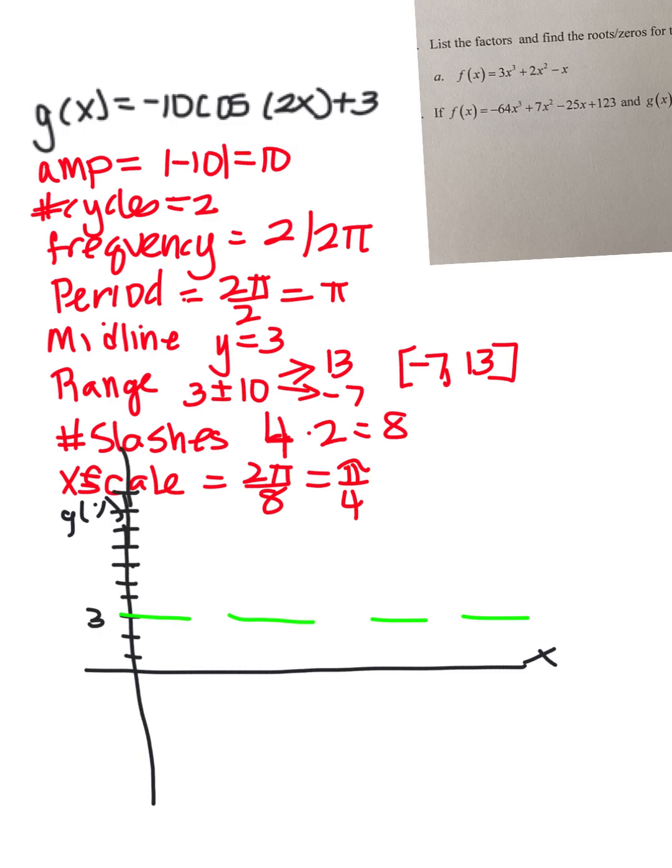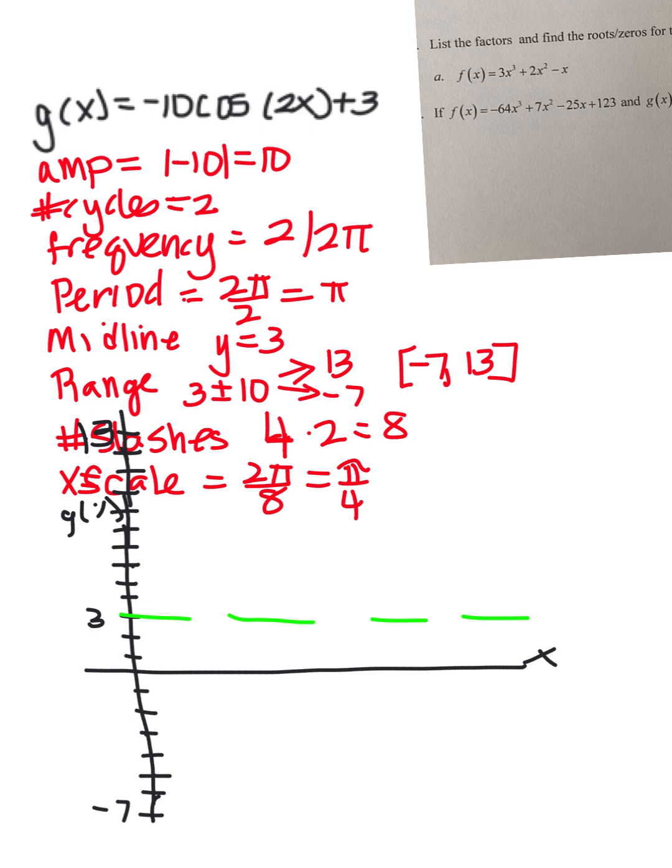Sorry, up here in the work. 11, 12, 13. And then down 10. So this is 13. And down to -7.